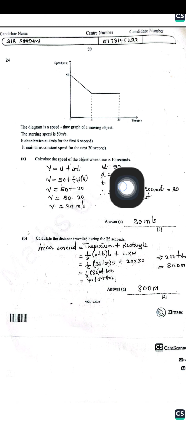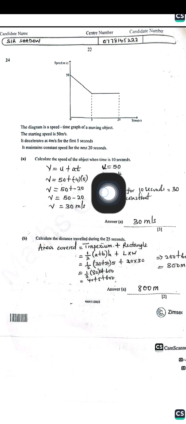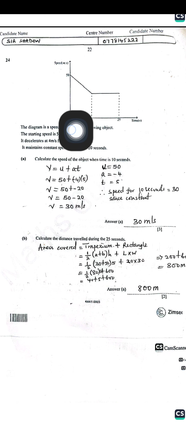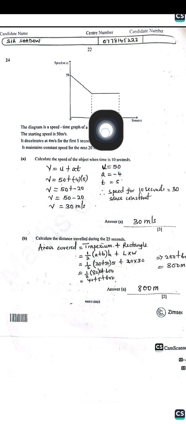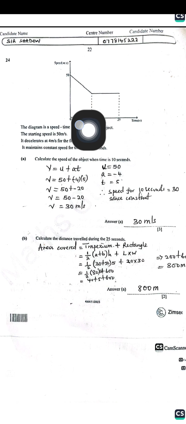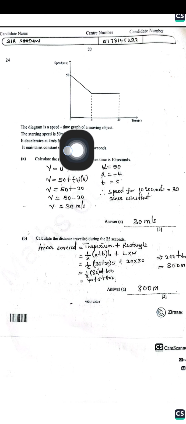U is equal to 50, because the car decelerates from 50, so initially the speed was 50. For a, we are given the deceleration of 4 meters per second squared. Since it is decelerating, it's -4. Why -4? Because we are given deceleration and we want acceleration, and acceleration is negative times deceleration.